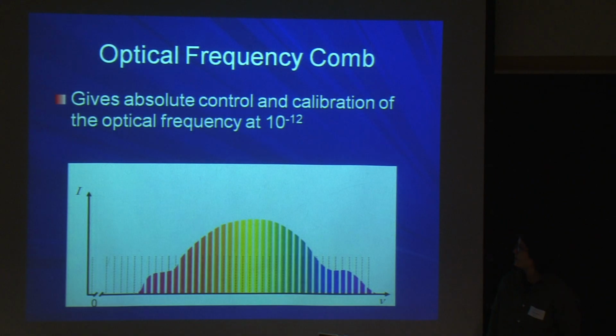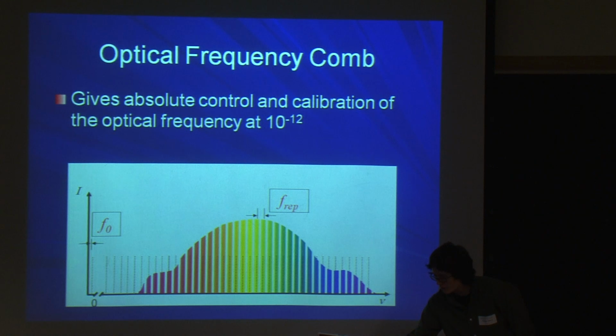So an optical frequency comb is a special laser that's made up of lots of ultra-short pulses that are separated by a radio frequency called f_rep. And in each one of these pulses, there's hundreds of thousands of different frequencies. This entire comb structure is offset from the origin by another radio frequency called f0.